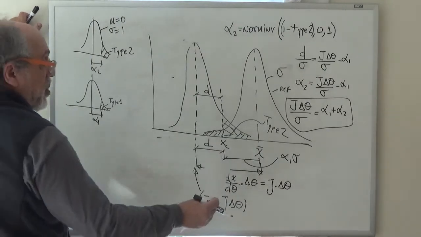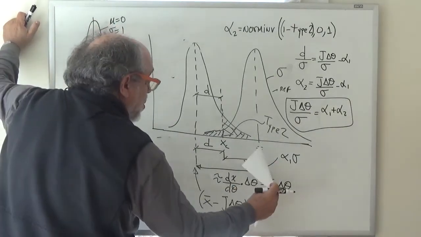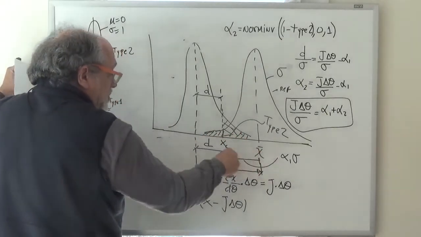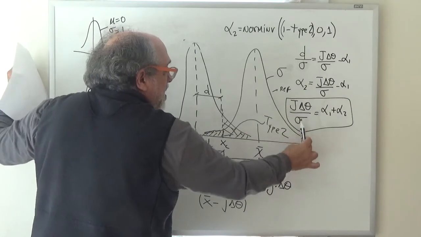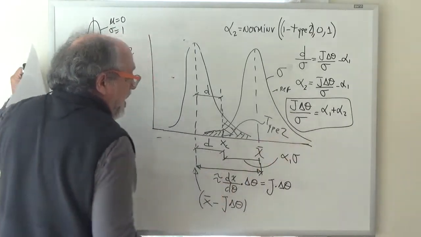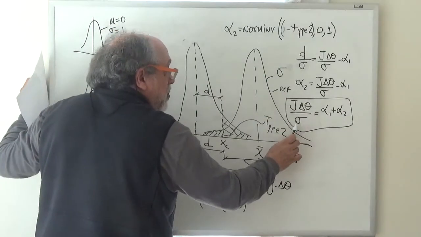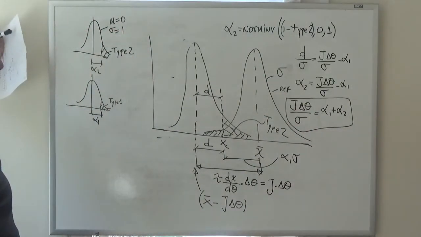Now what is J delta theta? J delta theta is the shift of the mean, right? The mean due to damage shifts from here to here. This is the shift expressed as a fraction of standard deviations. So the shift normalized to standard deviation happens to be alpha 1 plus alpha 2.